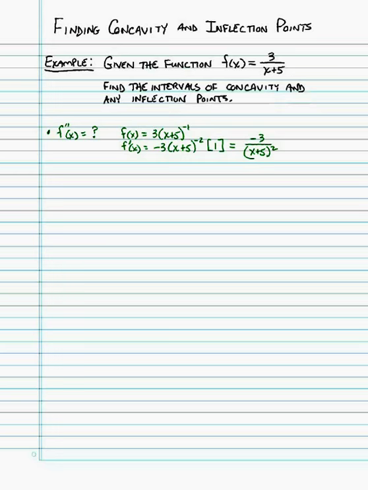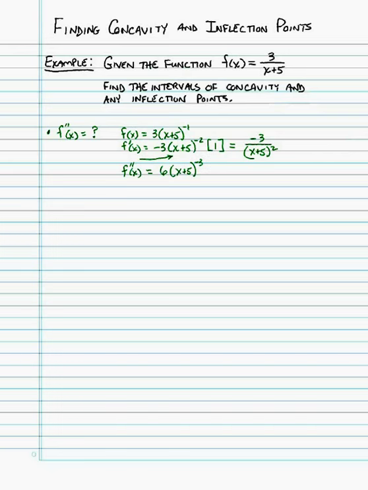Now, when I'm wanting to find the second derivative, it's convenient to look at this form right here, rather than looking at the fraction. So when I look at that form, I take the exponent -2 and multiply with the -3, which will give me a +6. Then I would decrease the power on the parentheses by 1, and that would give me a -3 power.